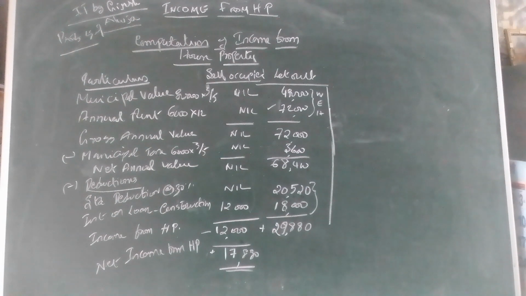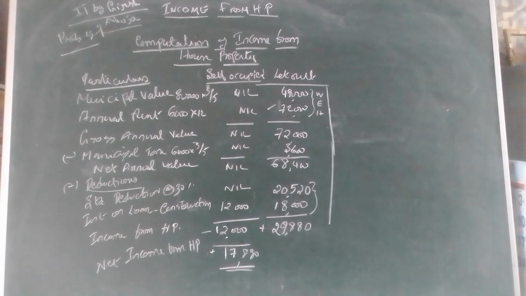Please mind it, for interest on loan we have to take only interest on loan borrowed for construction, repair, renovation, etc. Only those things can be considered. In this case, it is given as interest on loan for construction of the house. So, for self-occupied property, we are taking interest on loan for construction, 12,000.